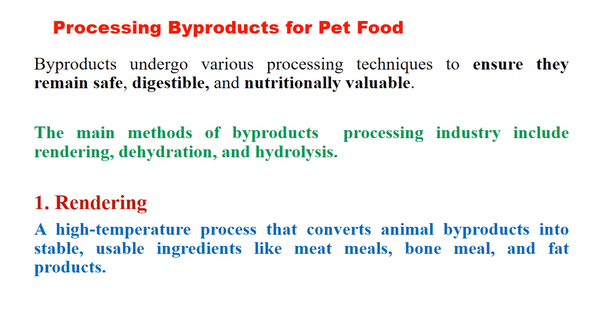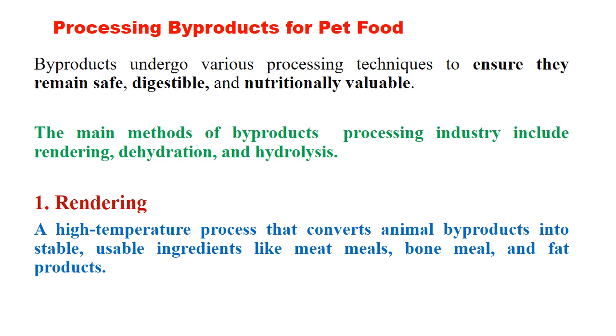So now before we go to the detailed discussion about the pet food manufacture, we will briefly discuss the processing of byproducts for pet food, because here byproducts is used as an important ingredient in the pet food processing. So byproduct itself needs a separate processing before it becomes an ingredient for the pet foods.